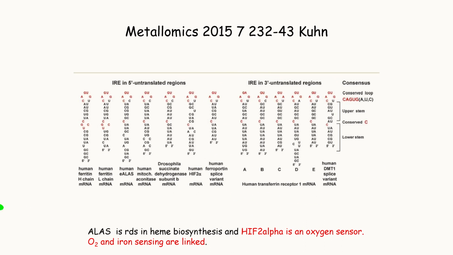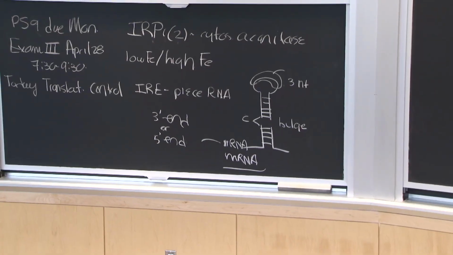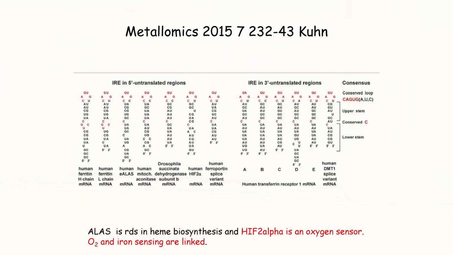And if you look down here, these little stem loops are going to be either at the 3' or the 5' end of your messenger RNA. And so, for example, one of the things you see is aminolevulinic acid. Does anybody know where that's involved, what pathway that's involved in?